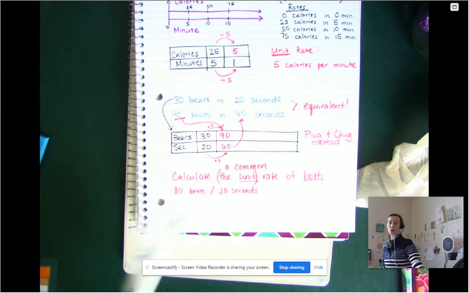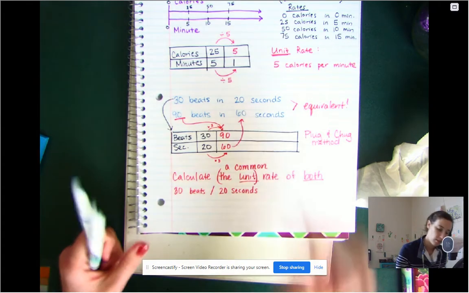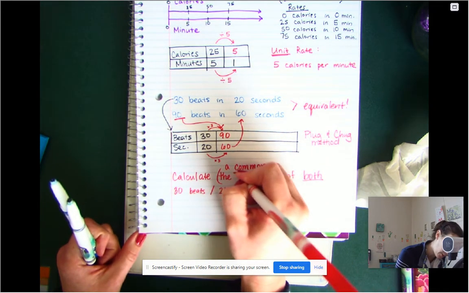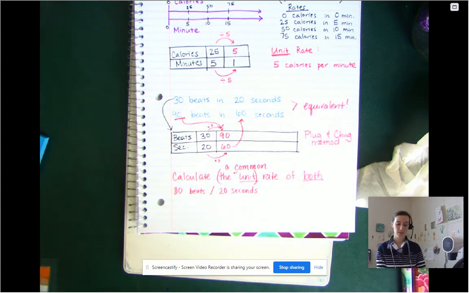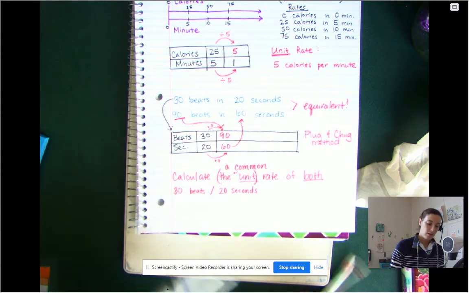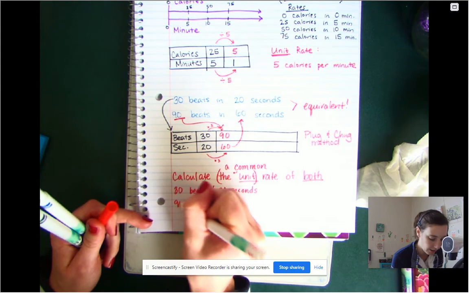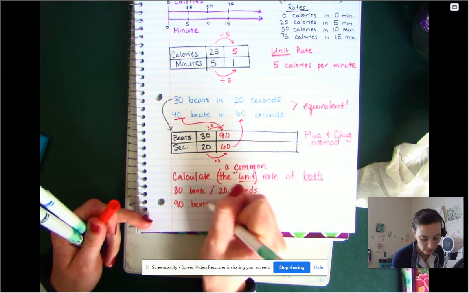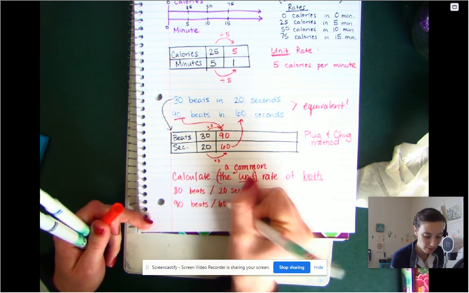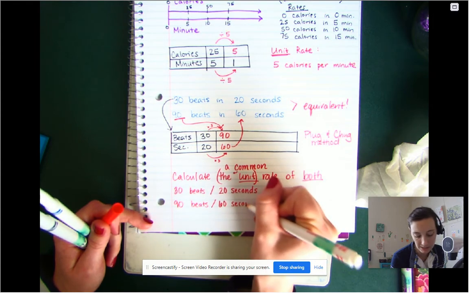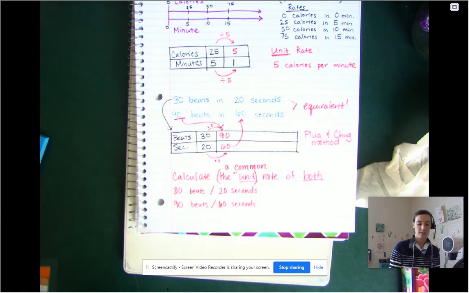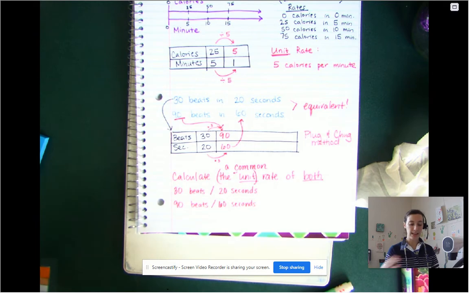So they're both divisible by 10. I feel like I've confused you. I'm sorry. These are both things that are divisible by 10. So let's see if we can figure out how many beats it would be in 10 seconds. Or how long 10 beats would take.